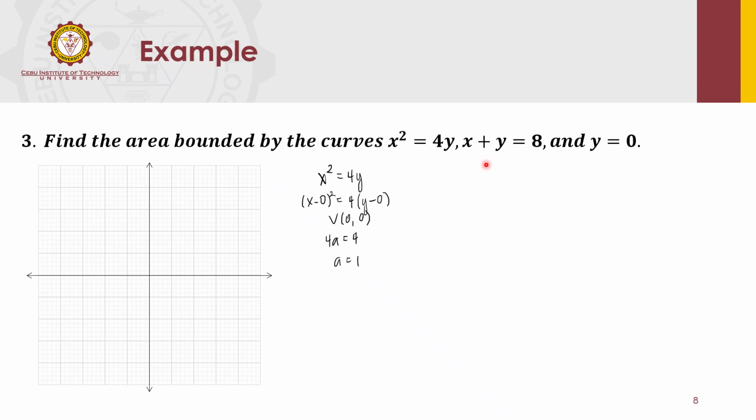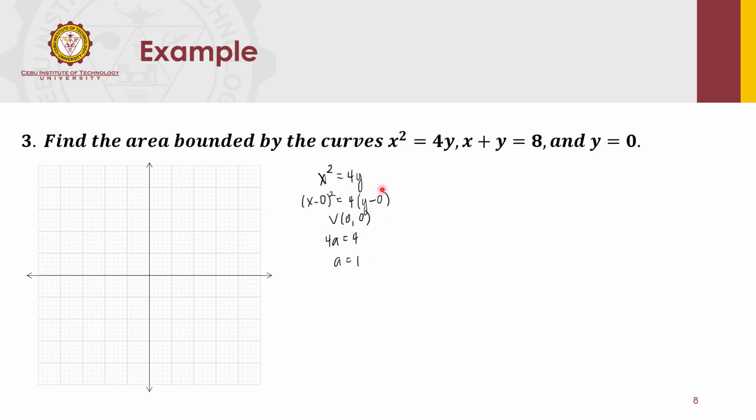So what's more important is the intersection point of the curves, the two curves, or maybe three. All right, so let's see if we need this information. But for sure, the vertex is important, so it's at the origin.